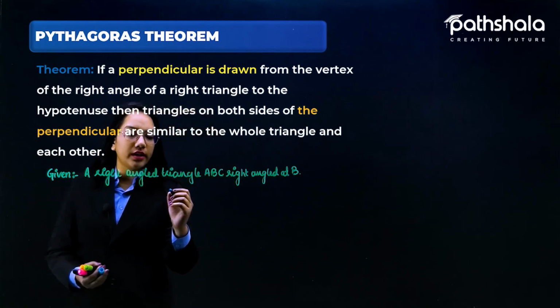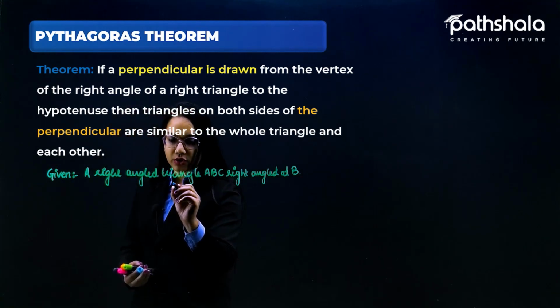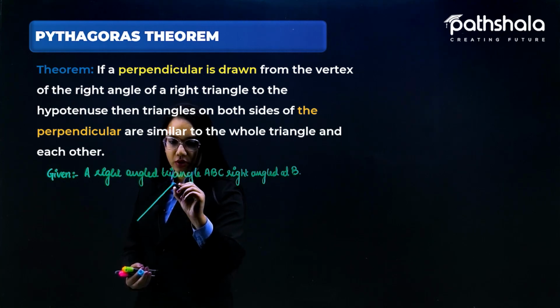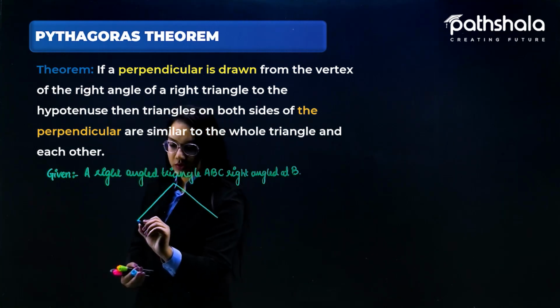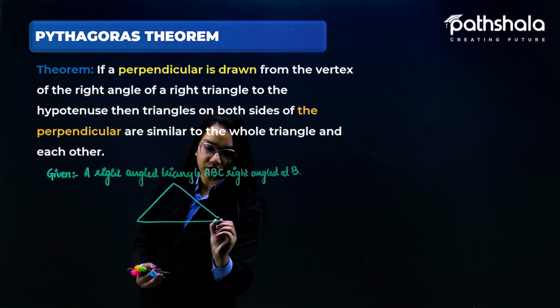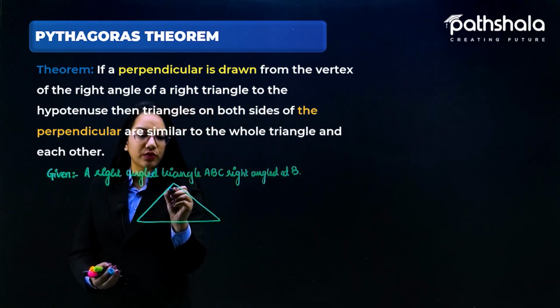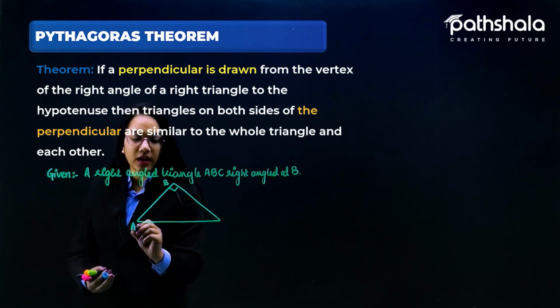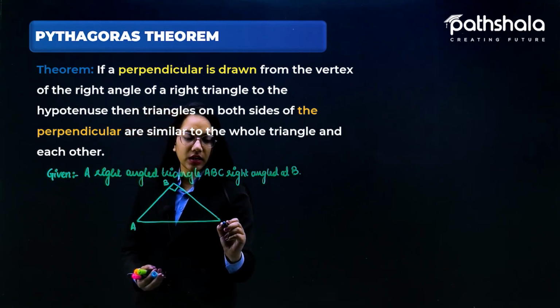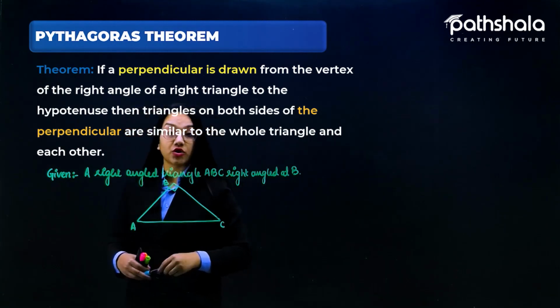Further, let me draw the right angle triangle over here. So this one is our right angle triangle, right angled at B, and let us suppose I'm taking this one as B, this one as A and this as C.